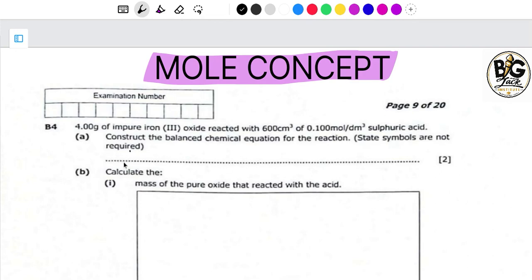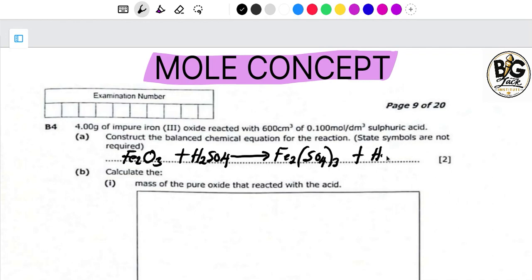So what do we have? We have iron(III) oxide, Fe2O3, plus sulfuric acid. Then what are we going to have? We're going to have iron(III) sulfate, plus H2O.